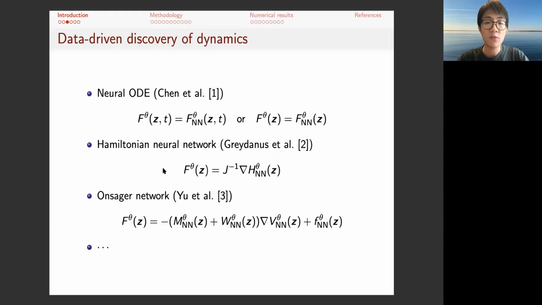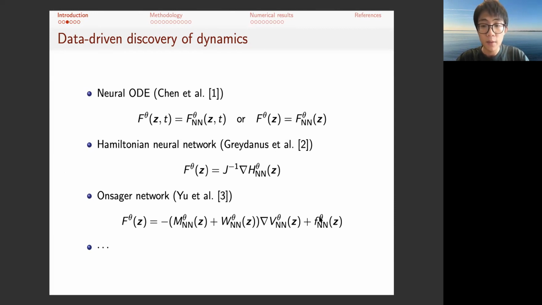That is for data which is from the Hamiltonian equation and which is conservative. For data which is in general dissipative, there is a recent work called the Onsager network, where they propose to model the right-hand side of the equation using the specific form (M + W) times gradient V, plus f.